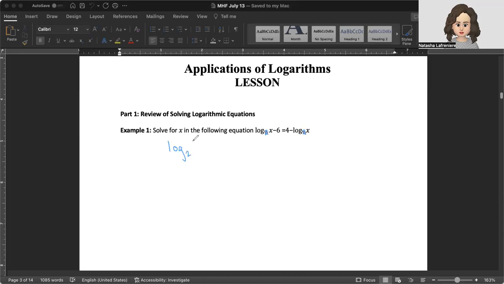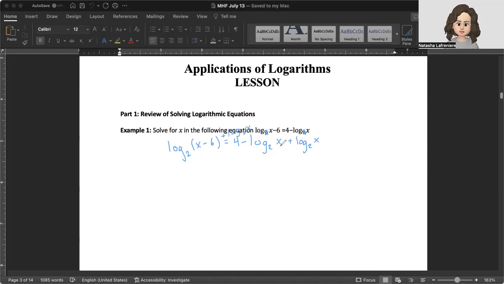So log base 2 of x minus 6 is equal to 4 minus log base 2 of x. Okay, so what we're going to do is we're going to add log base 2 of x on both sides.